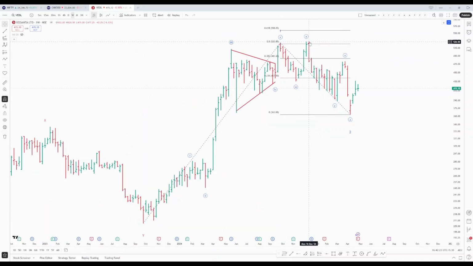Even though this is the highest point, wave 1 high was here. So we have to see this corrective move from this point, not from this point. These kinds of issues can happen when you are just taking a shorter time frame or shorter time view.